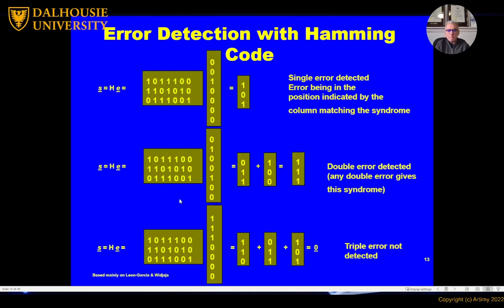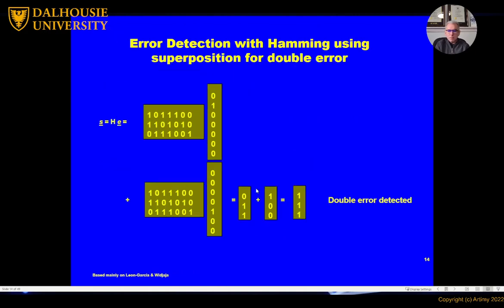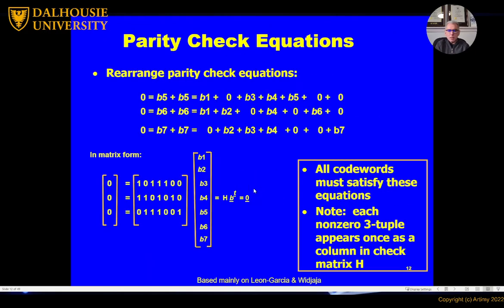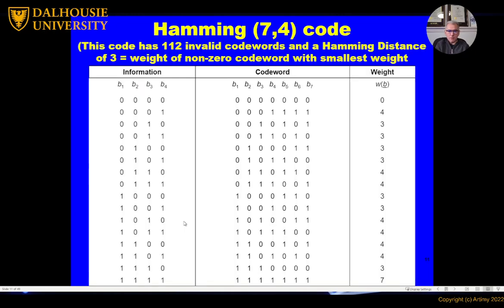Okay, one thing that's not mentioned in the slide: this is the Hamming matrix that we use to detect errors, but how do we generate the code itself? Let's say we have these 4 bits. How can we generate the code, right?